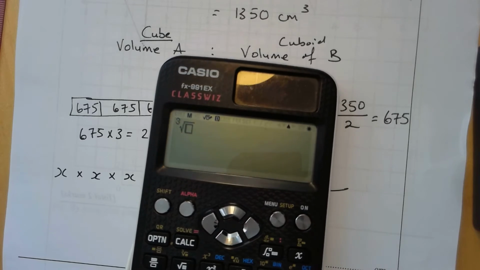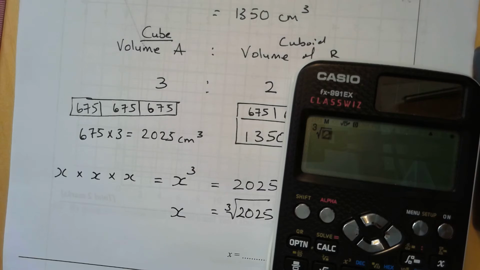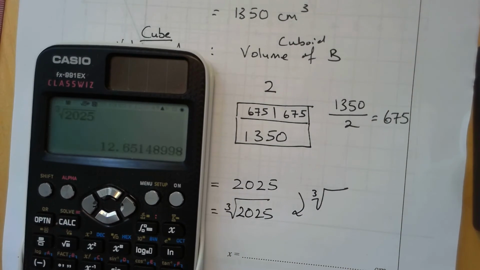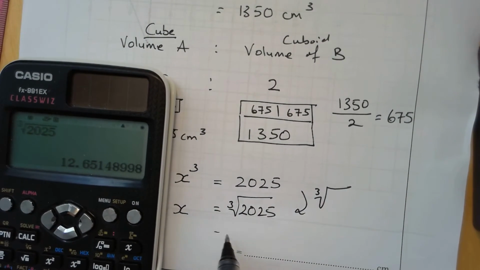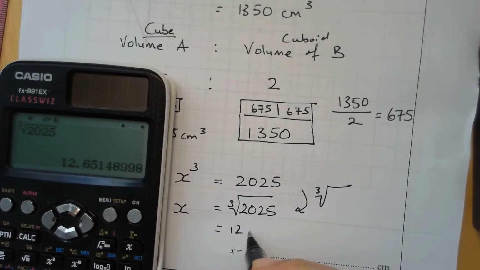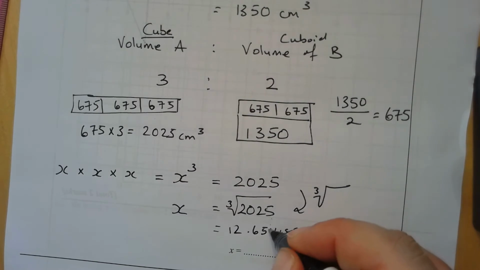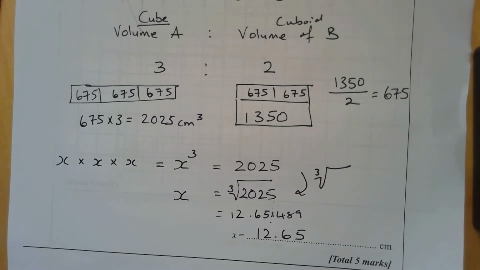Some of you may need to put that 3 in there and use your arrow keys, but then I can put in the number 2025, equals 12.651489, and it says to 2 decimal places, so I'm going to be rounding it here: 12.65 centimetres.